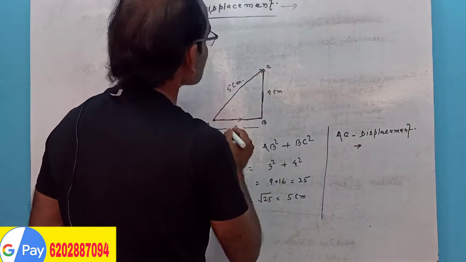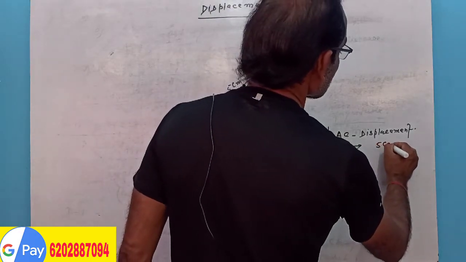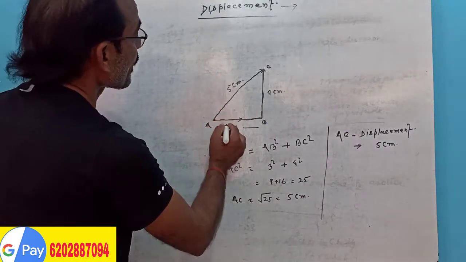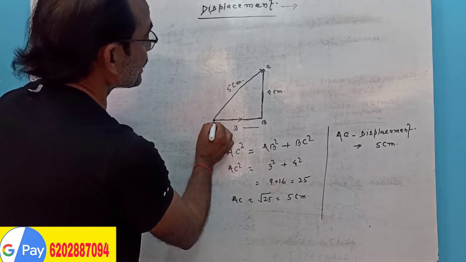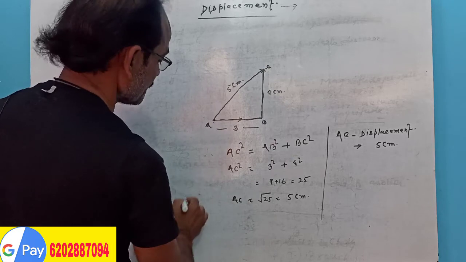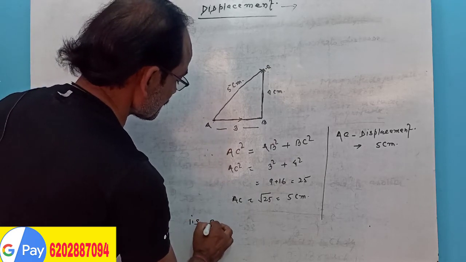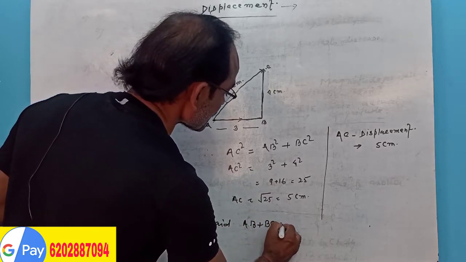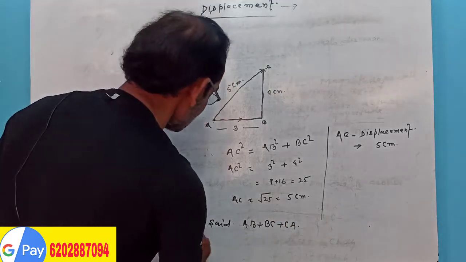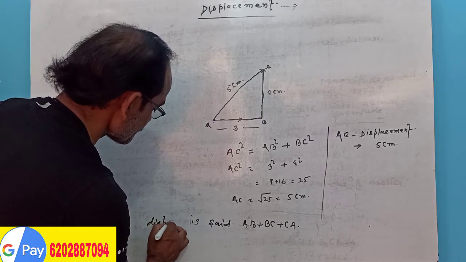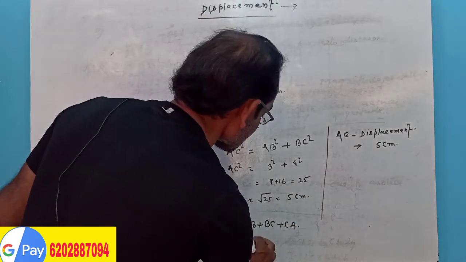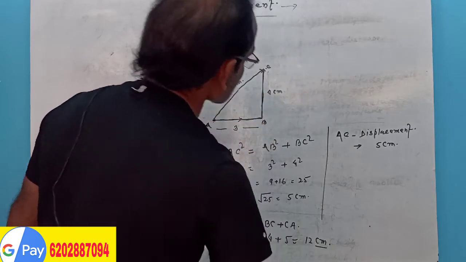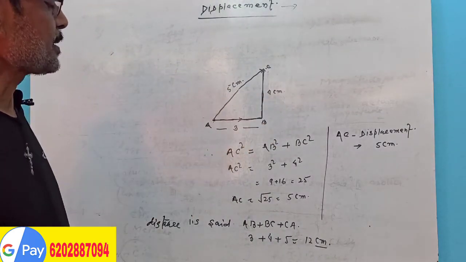their length is 5 cm, but the distance of moving an object from A to B, B to C, C to A is said to be AB plus BC plus CA, that is 3 plus 4 plus 5, that is 12 cm.